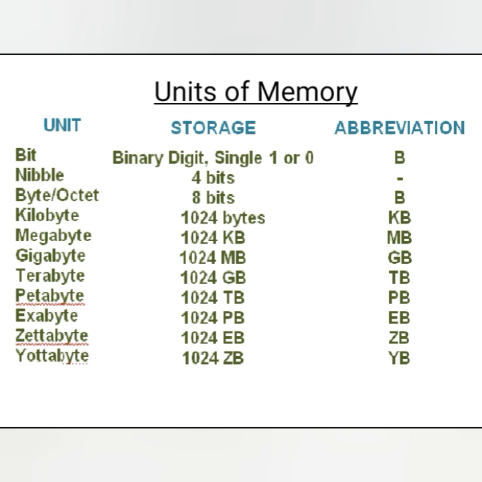Then exabyte is 1024 petabytes and zettabyte is 1024 exabytes. Then yottabyte is 1024 zettabytes.